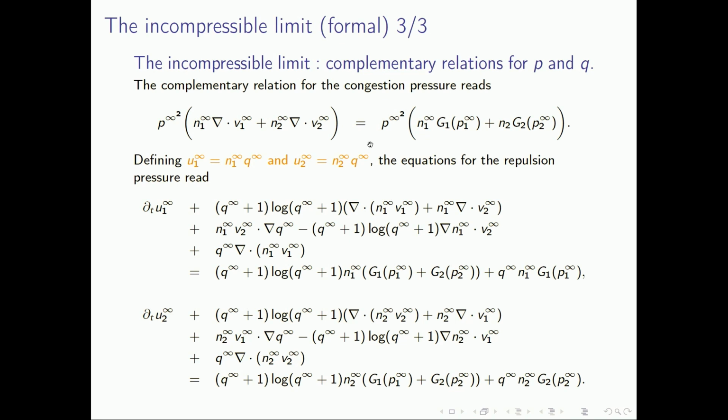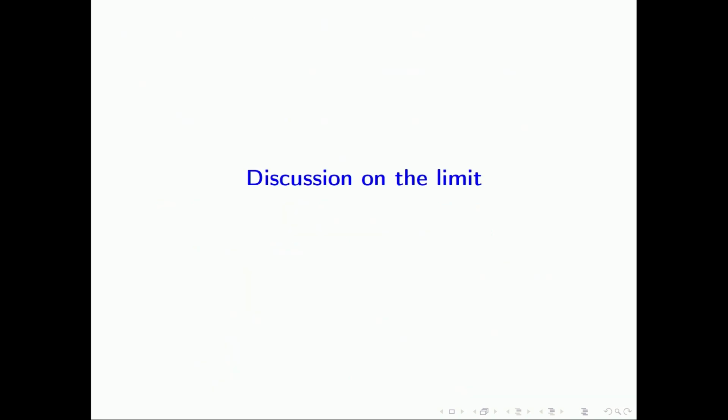And I don't know anything on Q whenever I don't have any densities, when n1 equals n2 equals 0, but I don't need it, because Q does not appear anywhere outside of the domain omega 1 union omega 2. Okay, so that's my incompressible limit.